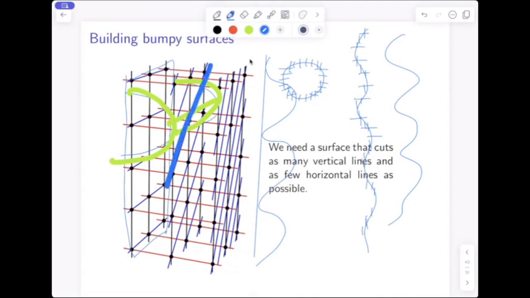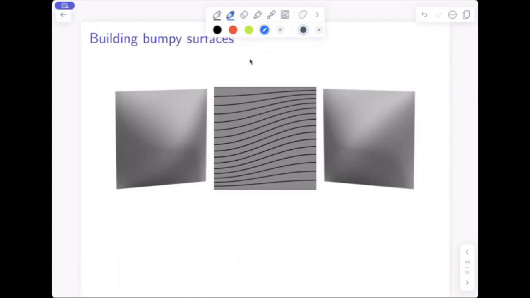And so there's going to be a trade-off here. We can make our surface more complicated, we can make it cut more vertical lines, but in order to do that, it's also going to cut more horizontal lines. But if we make that trade-off, we can construct very bumpy surfaces in the Heisenberg group, basically like so.